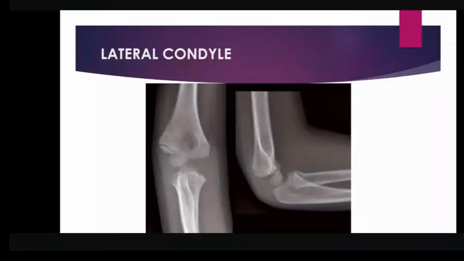Now, why are these two things very important? In any intra-articular fracture, there will be significant stiffness because there is damage to the articular cartilage. Whereas extra-articular fracture usually heals well with no significant morbidity to the patient.